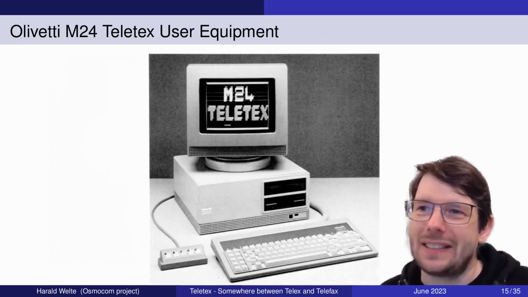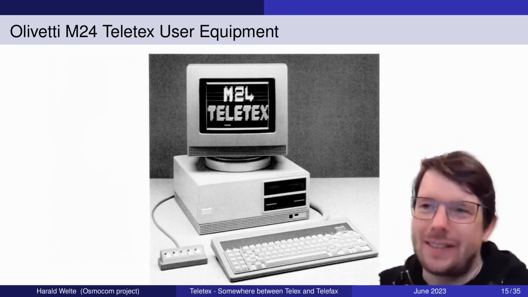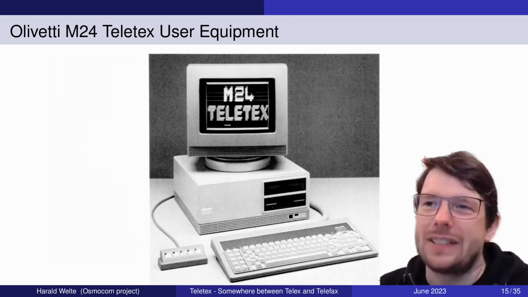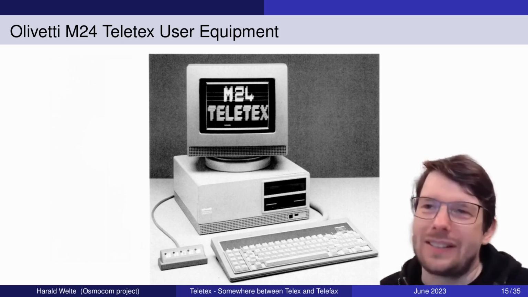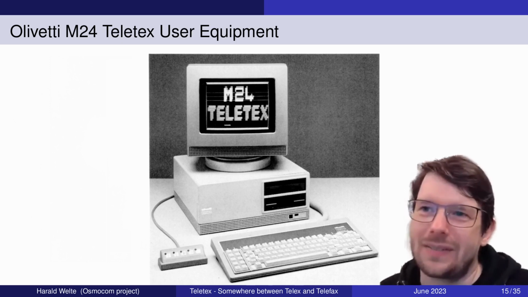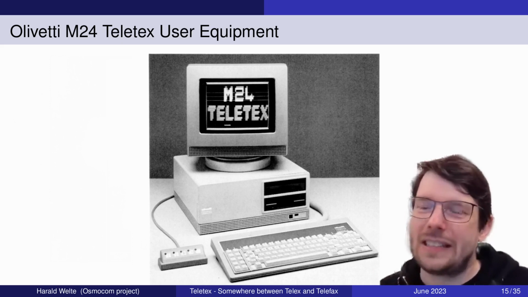And then there were the more high-end systems, as I mentioned, with a CRT screen that basically looked like a PC but were not a PC. You had some kind of computing device, a CRT screen, a keyboard. I'm not sure what this special function key block was used for in this context.